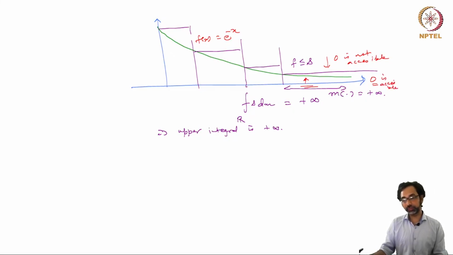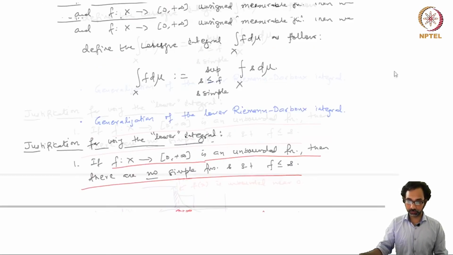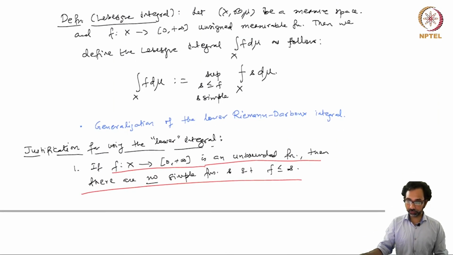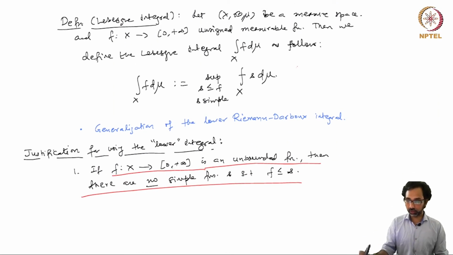So when you have a set of infinite measure, you can just put a 0 for the simple function, and then your lower Lebesgue integral will still give you finite values. So these are a couple of reasons why our definition for the Lebesgue integral is only the lower Lebesgue integral and not the upper Lebesgue integral.